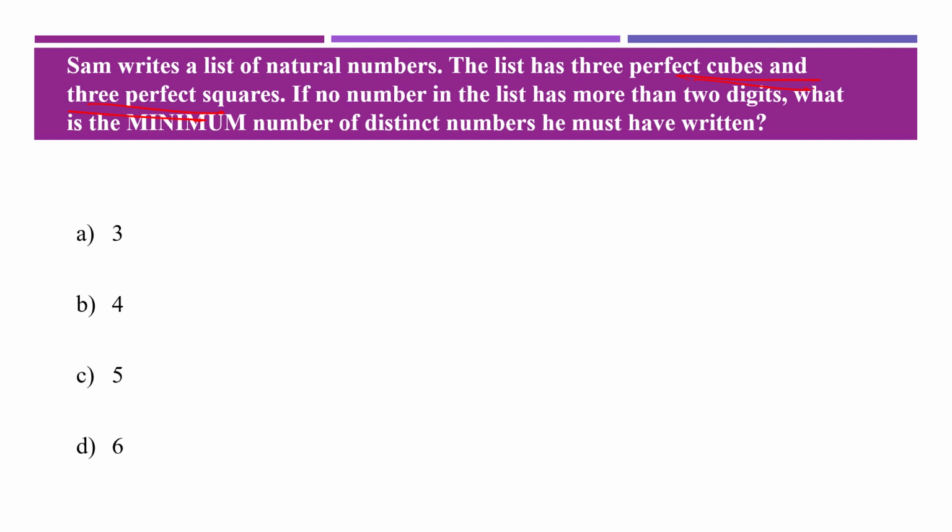So let's list out the perfect squares. 1, 4, 9, 16, 25, 36, 49, 64, 81, and obviously the next number would be 100.